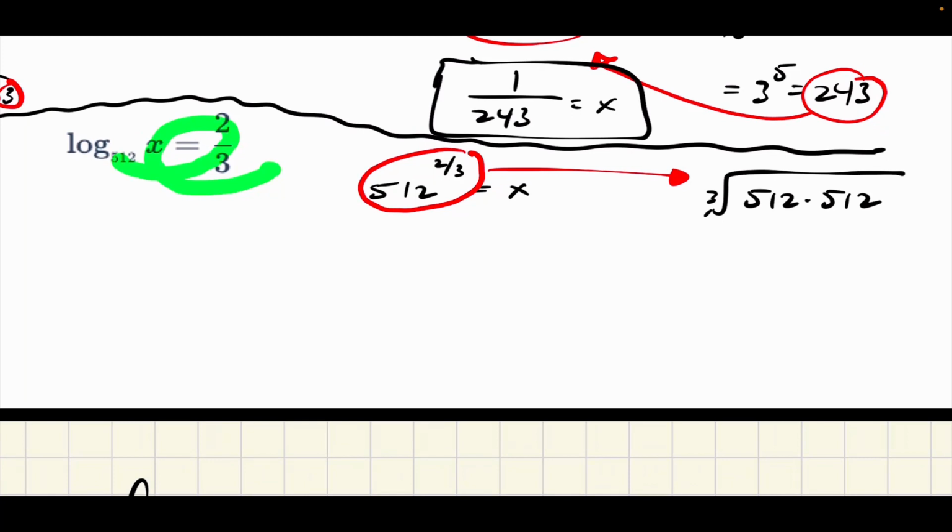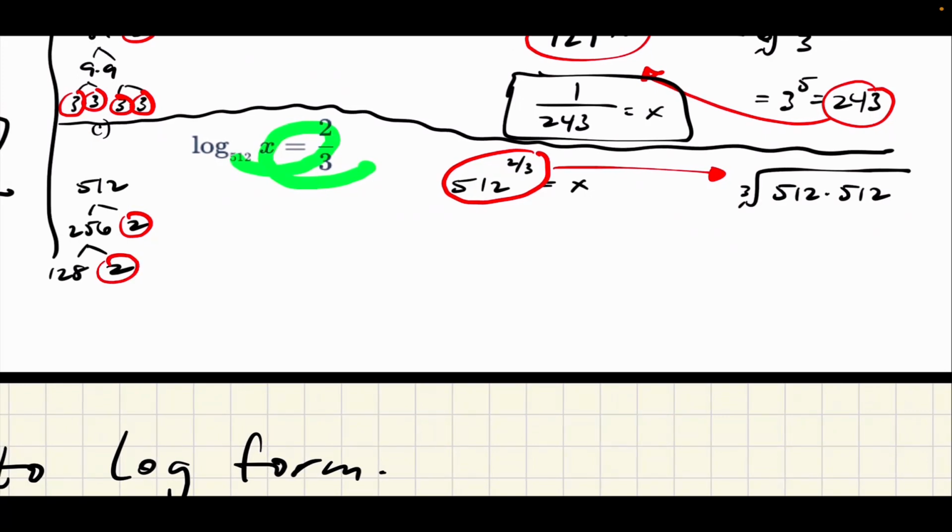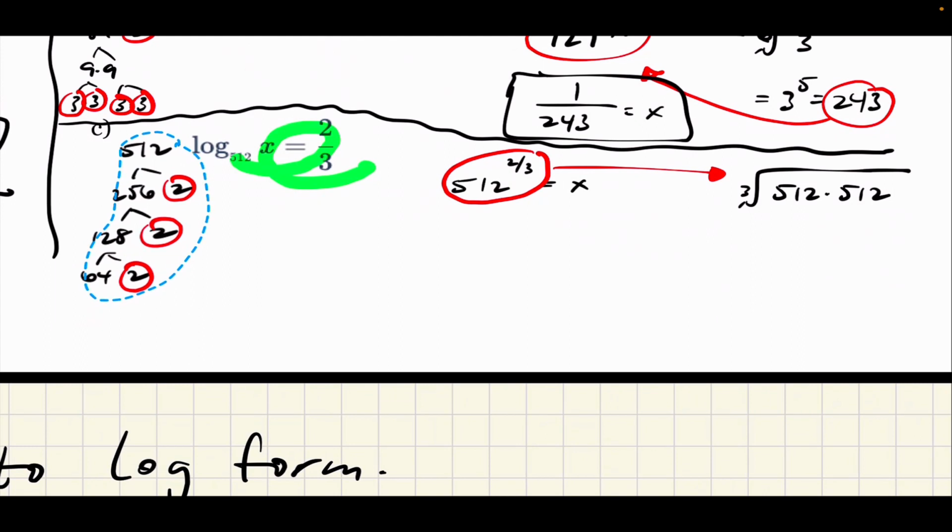It's going to be a bunch of 2s. I think it's 9 2s. So I've got to break down 512. I believe it's 256 times 2. And then 256 is 128 times 2. And then 64 times 2. And then 64 is 8 times 8. 4 times 2, 4 times 2, 2 times 2, 2 times 2.